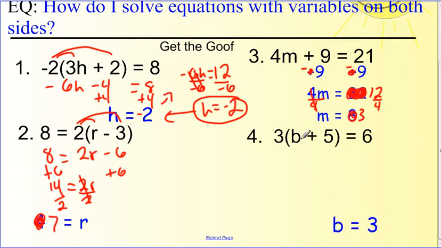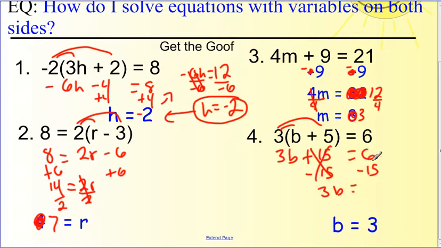Okay, last of these, parentheses, distribute them. We got 3b plus 15 equals 6. We're going to subtract 15 on both sides. These cancel out. We've got 3b equals 6 minus 15.